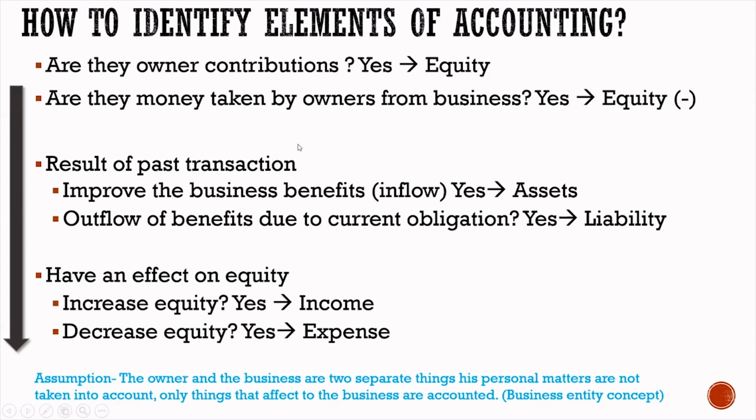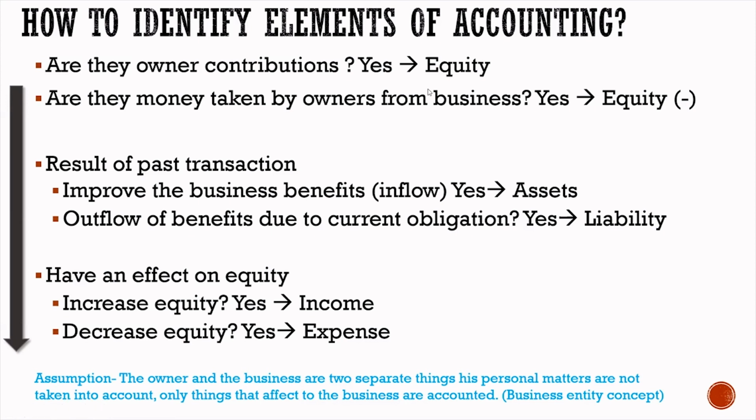But if it is a result of a past transaction and the business assets or the benefits are increasing, if the resources are increasing, that falls under assets. And if it is a result of past transaction and it will result us to pay for it, either we pay from cash or the goods because we are obliged to pay, then it is a liability, right?